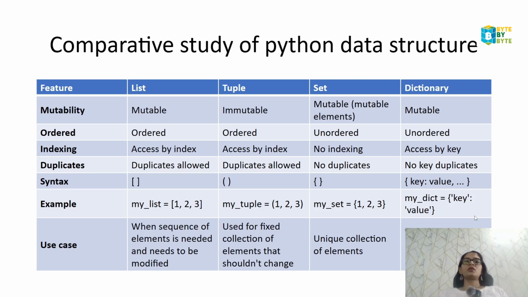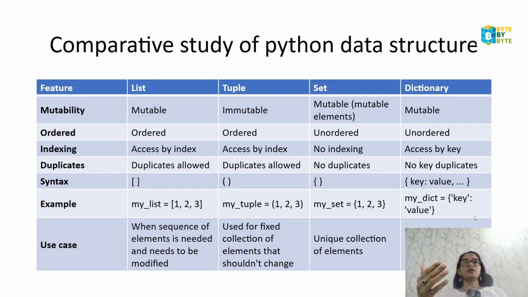So lastly, we will see the comparative study between the Python data structures. We have seen until now 4 data structures, namely your list, tuple, set, and dictionary. So what is the difference? The first point that we are going to see is mutability. List is mutable. That means you can add elements to the list, you can remove elements, in short, you can do multiple operations on the list.